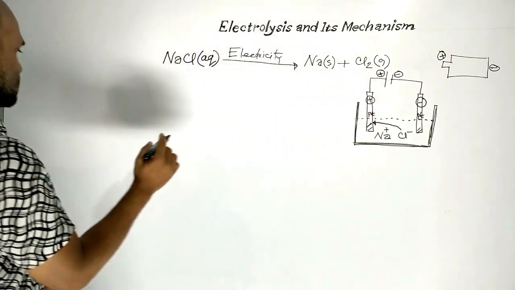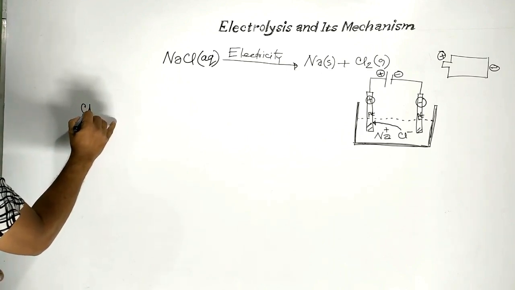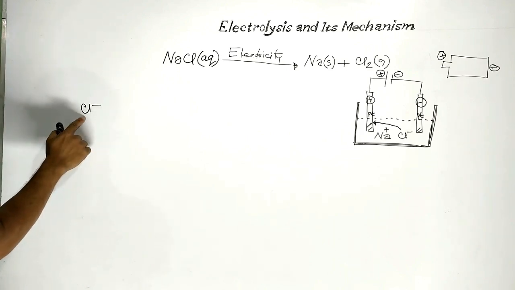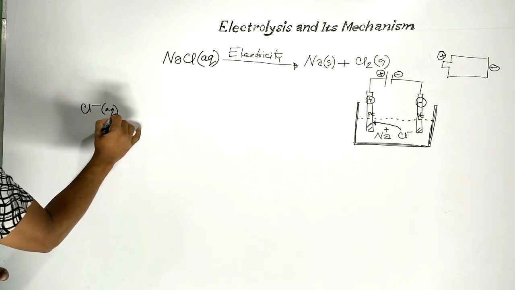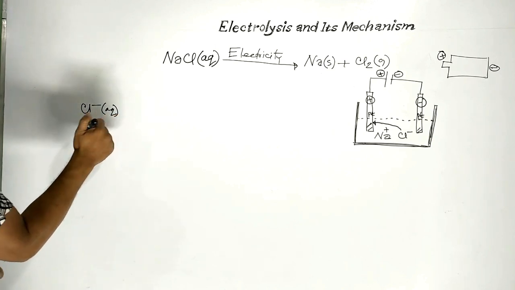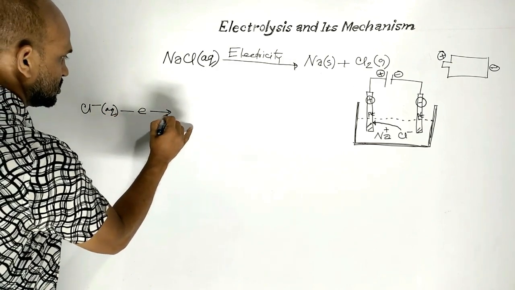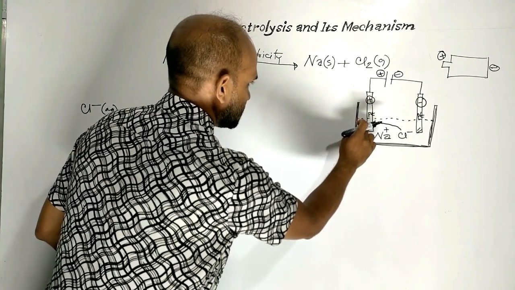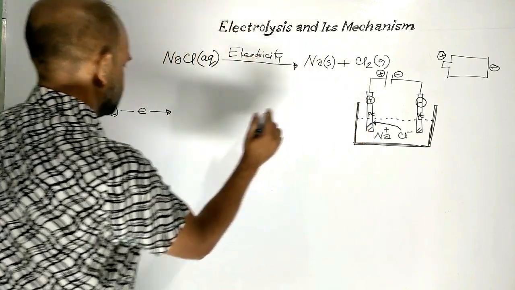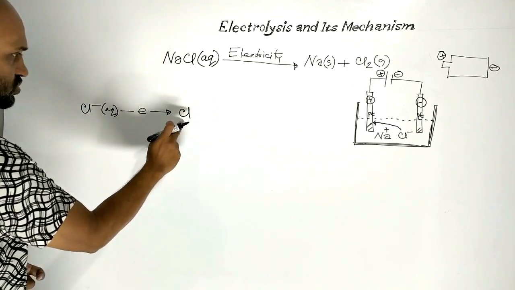Here this reaction will occur. A negatively charged chloride ion in solution will donate an electron to the electronically deficient metallic bar to form a chlorine atom.